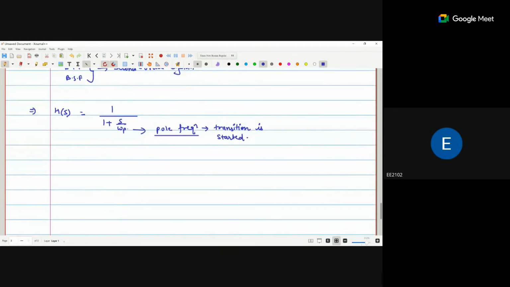That's why it is called the pole frequency, or the frequency of the transition. And s is the variable frequency.